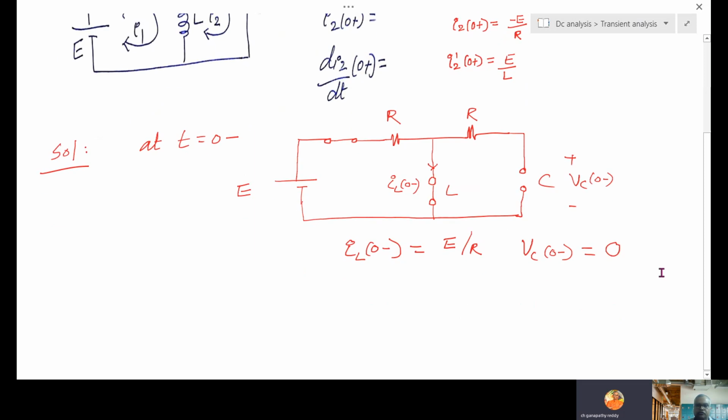Now at t equal to 0 plus, the switch is open.